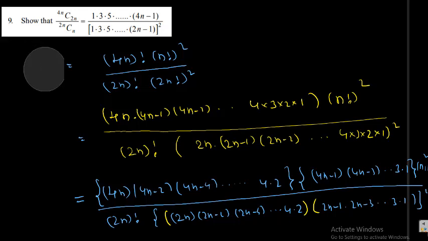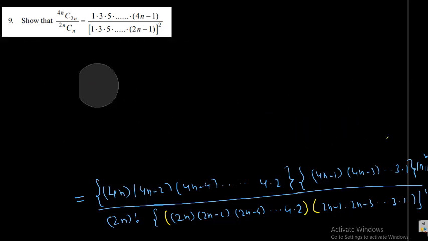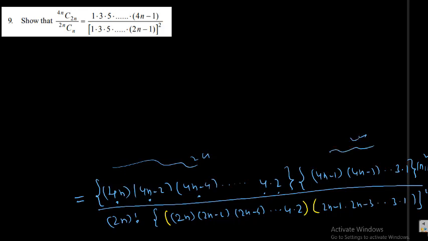Okay friends, here from each term I can take 2 common. Actually 2n terms are there here, 4n terms before that, here 2n terms, and these are also 2n terms.